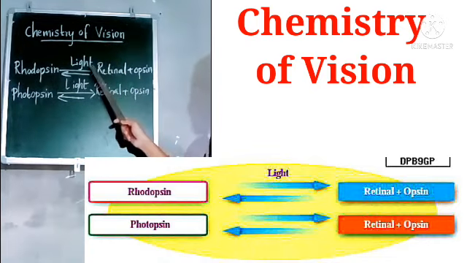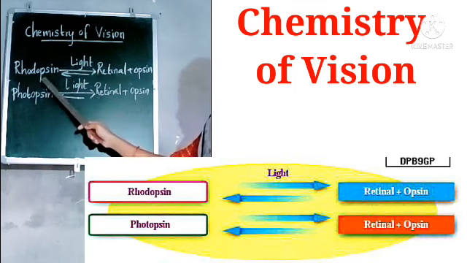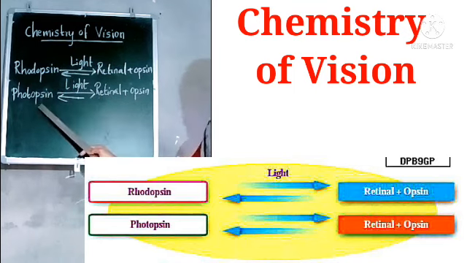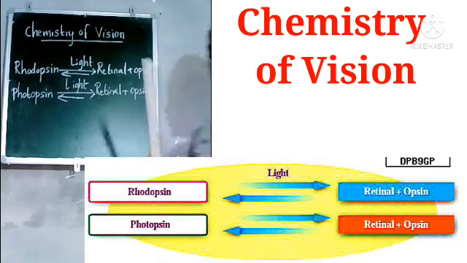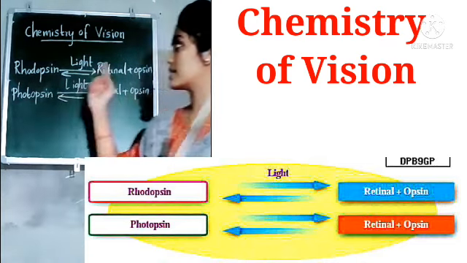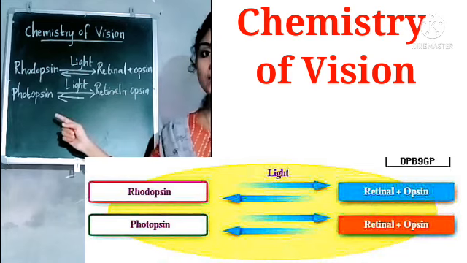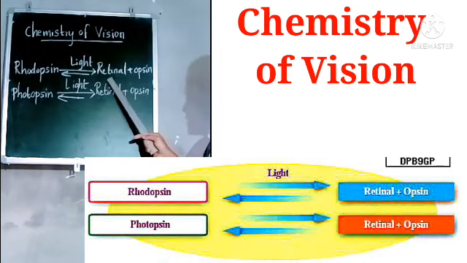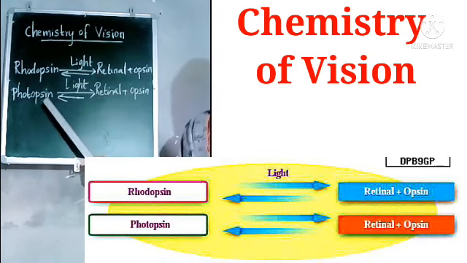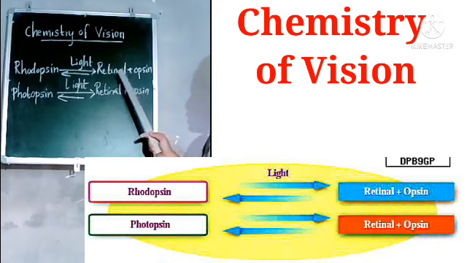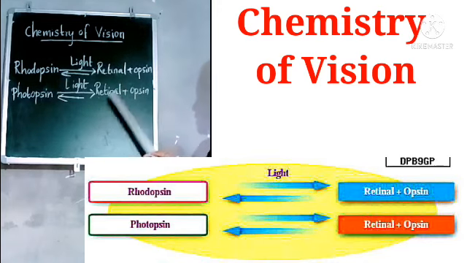We already know that both rhodopsin and photopsin are composed of retinal and opsin. So in the presence of light, both rhodopsin and photopsin split into retinal and opsin.